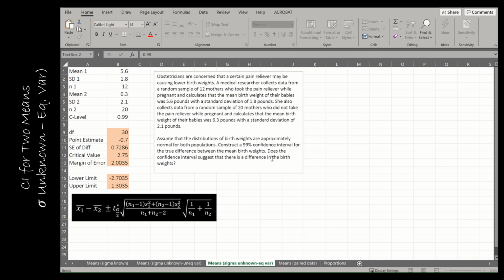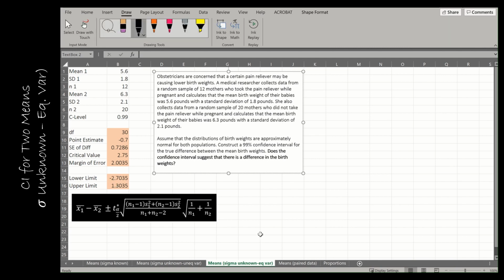And then this part's super important. This is one part I'm really going to focus on. Does the confidence interval suggest that there's a difference in the birth weights? So the calculations have all been done by Excel, and again, my interval, always from least to greatest, goes from negative 2.7 to positive 1.3.